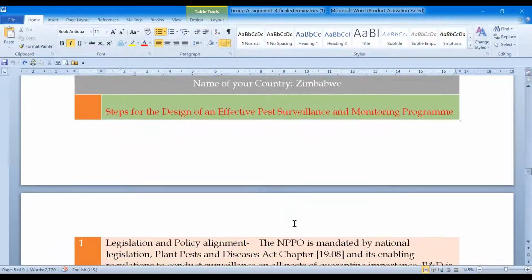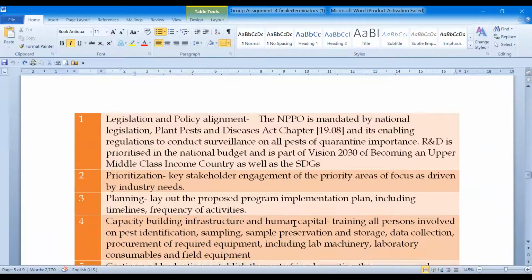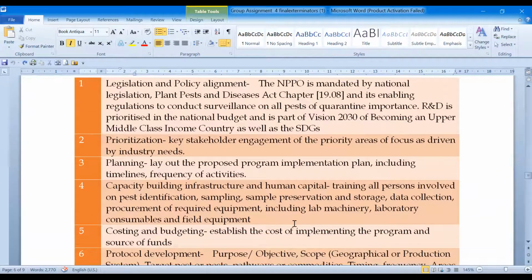And then moving on to Zimbabwe, in terms of legislation and policy alignment, the NPPO uses the Plant Pest and Diseases Act as an enabling regulation. Prioritization, they engage key stakeholders, and then in terms of planning, they lay out the proposed program implementation, covering the timelines, the frequency, and then activities.